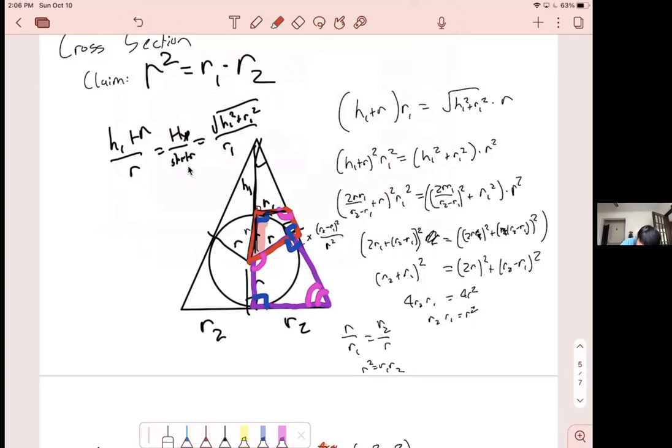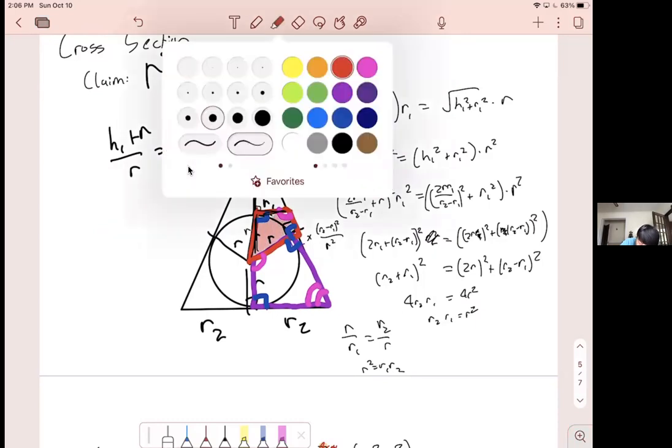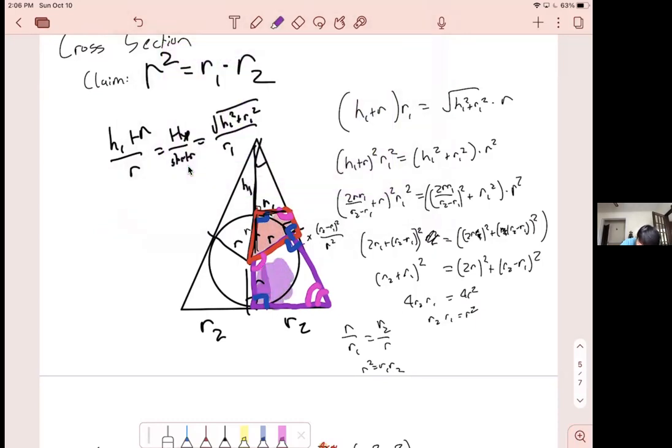This quadrilateral is similar to this quadrilateral.